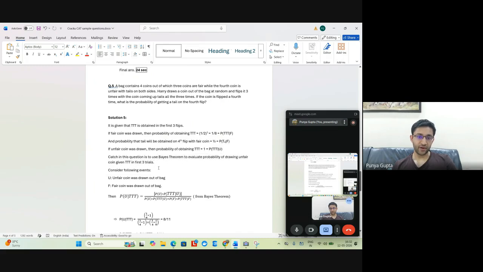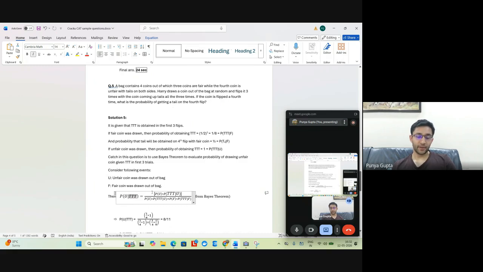Now, as I stated earlier, the catch in this question is to use Bayes' theorem to evaluate the probability of drawing an unfair coin, given tail, tail, tail in the first 3 trials. Let's consider the following events, U and F. U and F denote that we chose unfair and fair coin to begin with. And we have to find the probability that we chose unfair coin to begin with, given that we obtained tail, tail, tail in the first 3 trials.